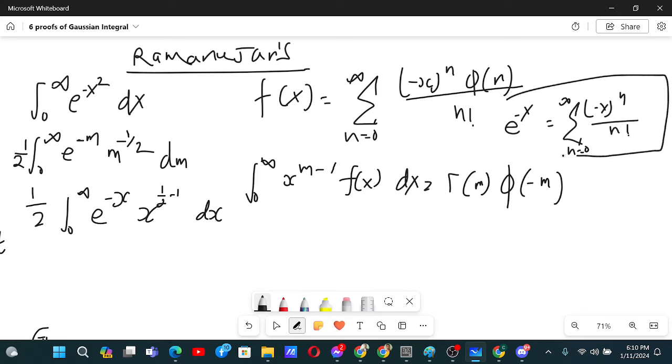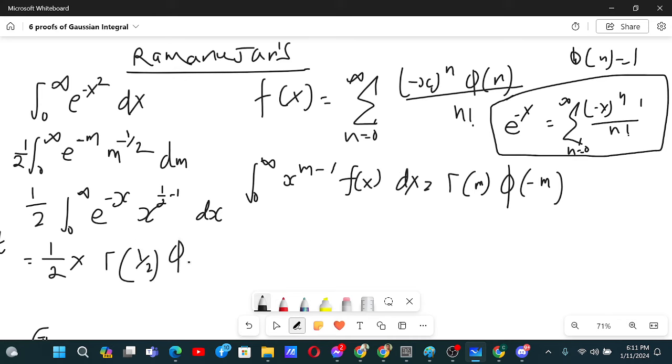Now for phi of n, we just have 1 over here, so phi of n will just be 1. And now by Ramanujan's master theorem, this should be equal to 1 by 2, and then gamma of 1 by 2, and then phi of minus 1 by 2.